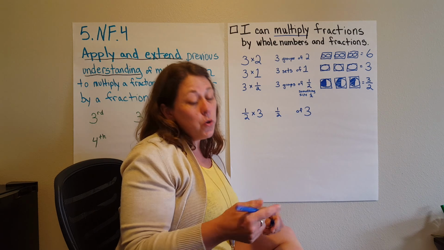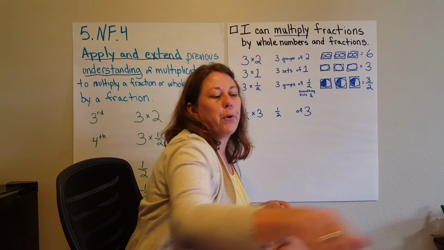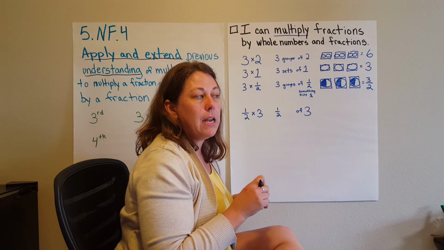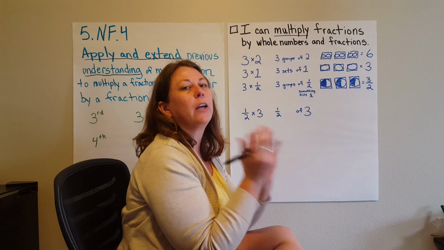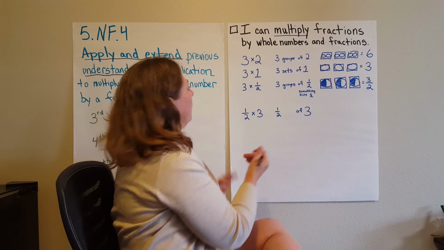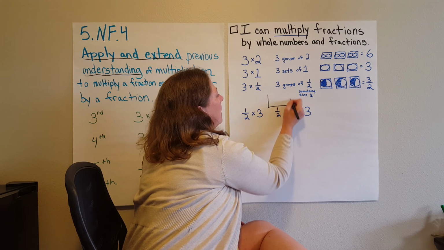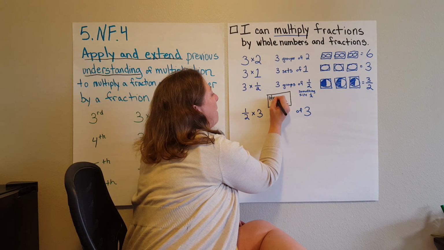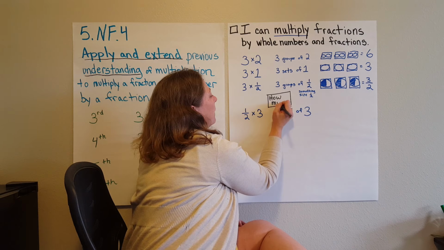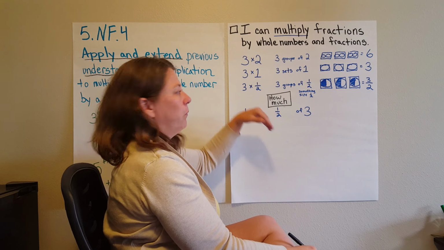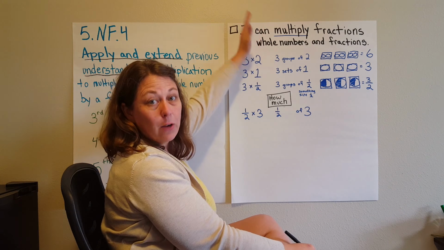So, a new language transition to bring in for your students is what John Van de Walle talks about, the true meaning of our 2 factors in a multiplication problem. He talks about the first factor describes how much. How much do we want? Half a group? 1 group? 3 groups?